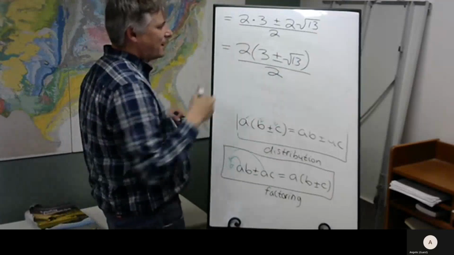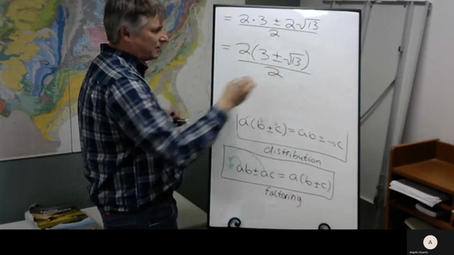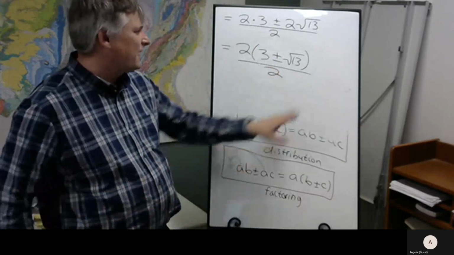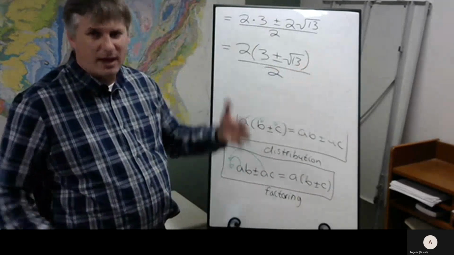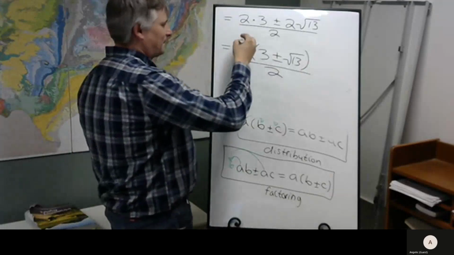So this is 2 times this quantity, so it's okay, you can cancel these. Another thing you can do is divide top and bottom by 2. It'll have the same effect.